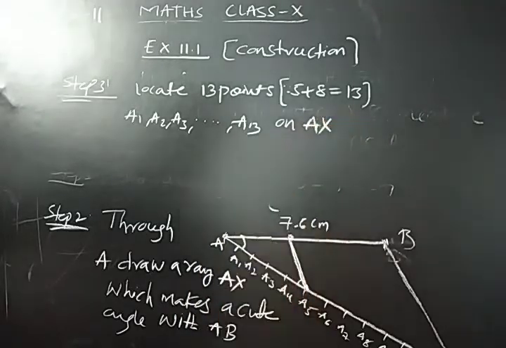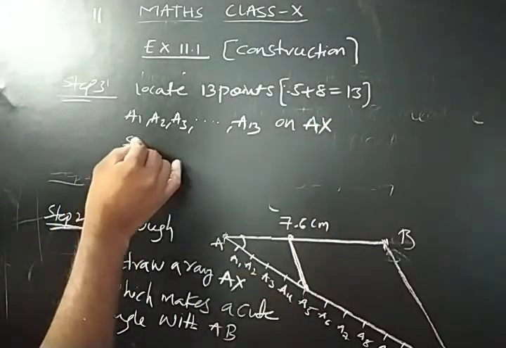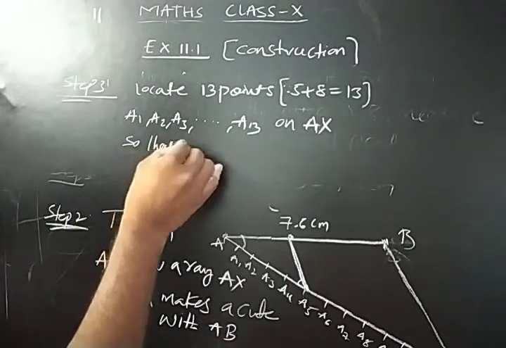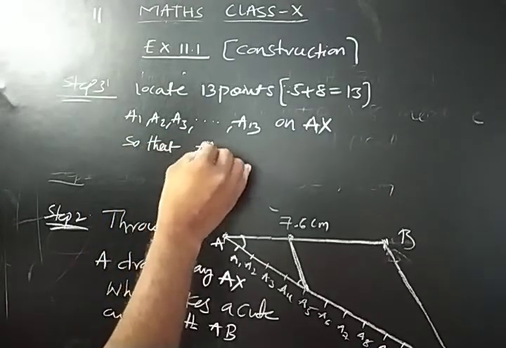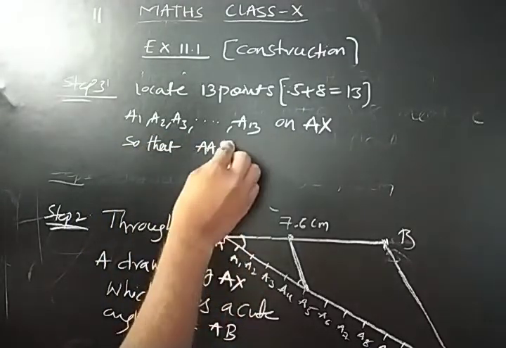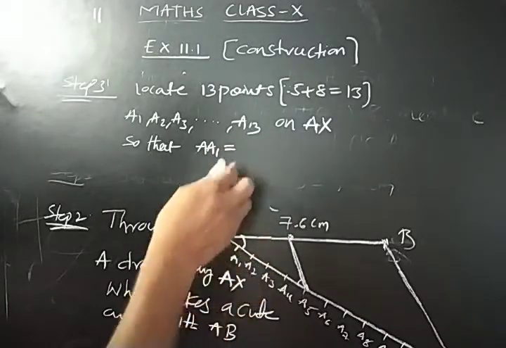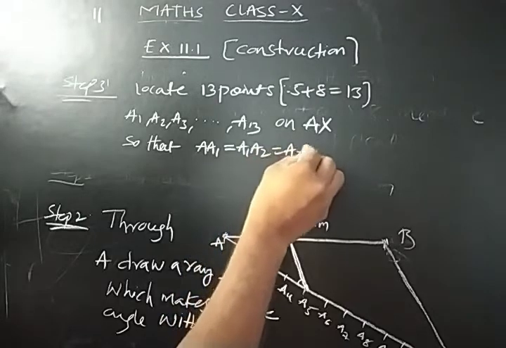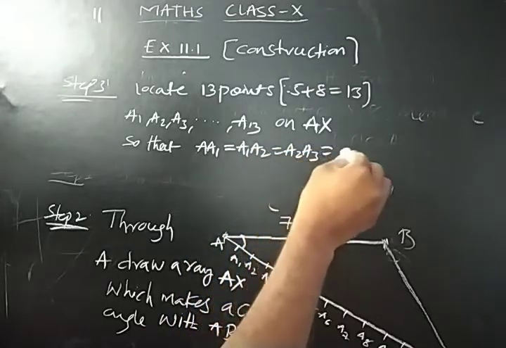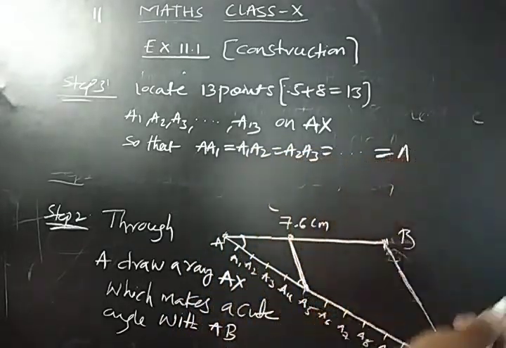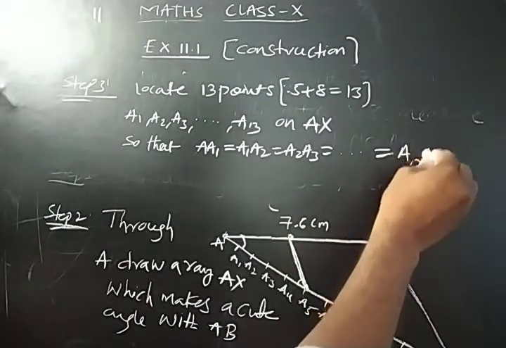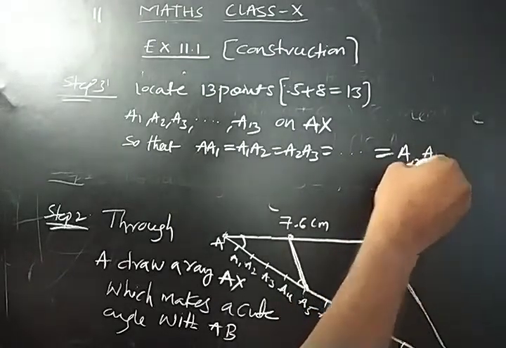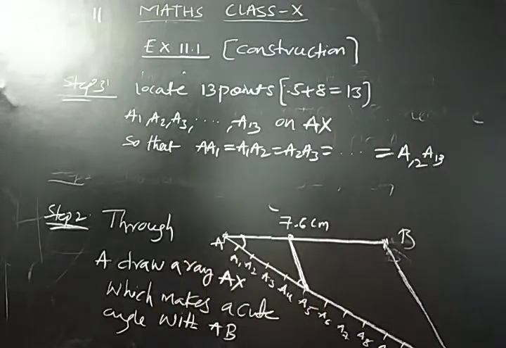How to locate those points on AX? In such a way that A1A2 is equal to A2A3, and so on, equal to the last one, A12A13. So this ray is divided into equal parts, equal-length line segments.